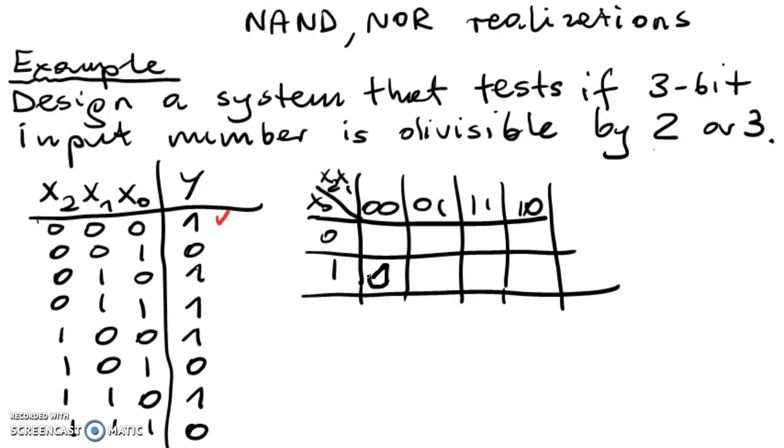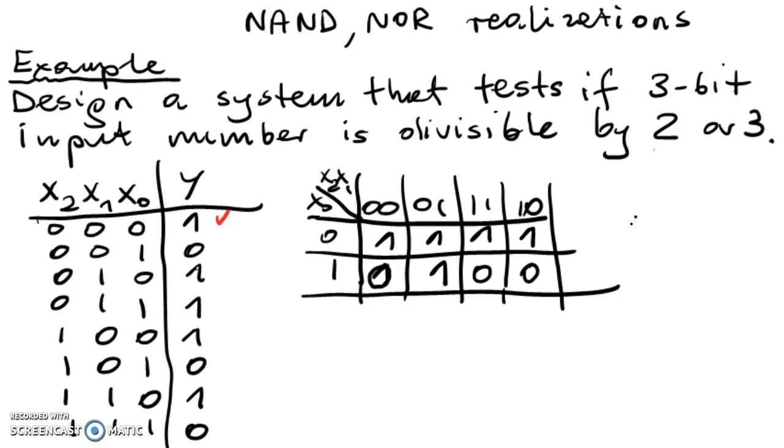So 0 is here. Next 0 is 0, 1, 0, 1, so it's 5. 1, 0, 1 is here. The third 0 is for 1, 1, 1, so for 7 is here. Also remaining are in logic 1 state, okay?